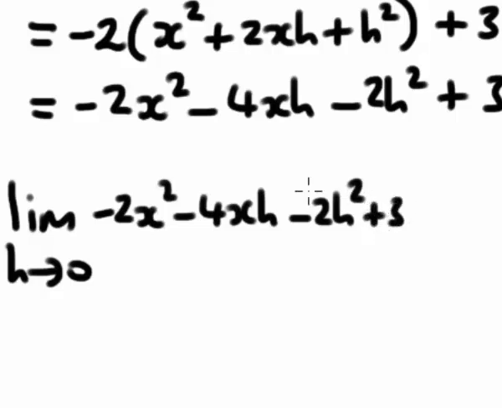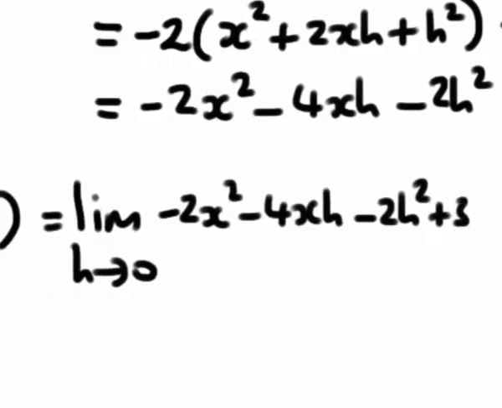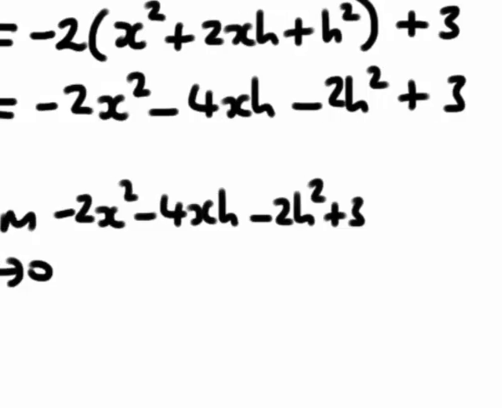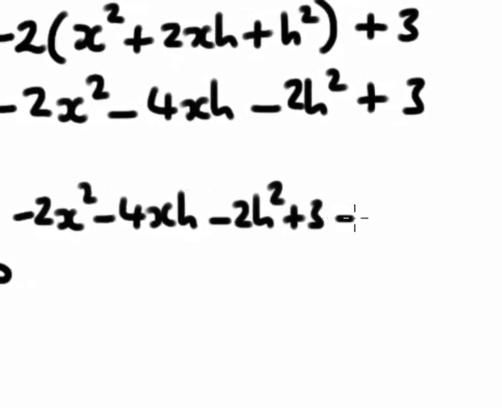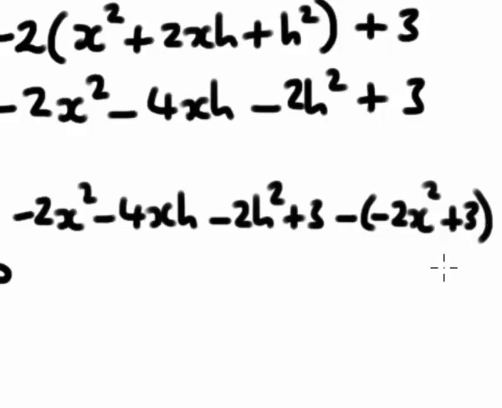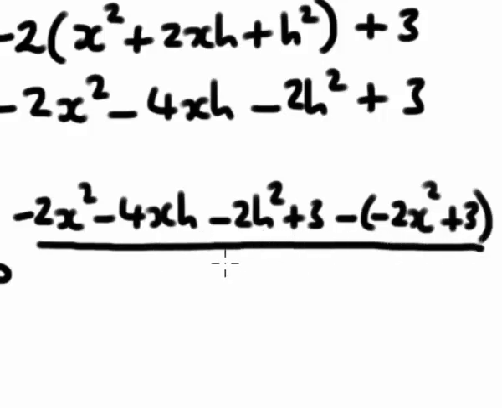That is f(x plus h). But now be very careful here, people, because what we're going to do now is subtract the f(x). The f(x) is minus 2x squared plus 3. That is the original f(x). Be very careful. It's minus that in brackets. And then we divide this by h.